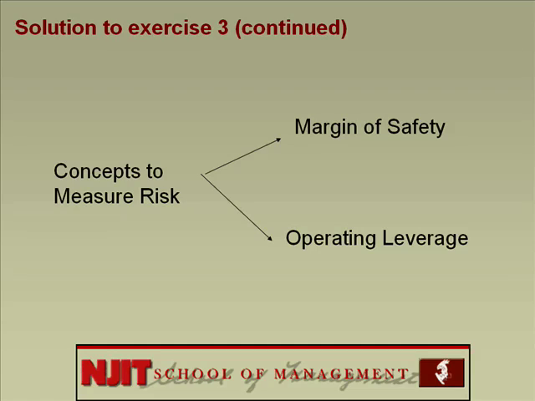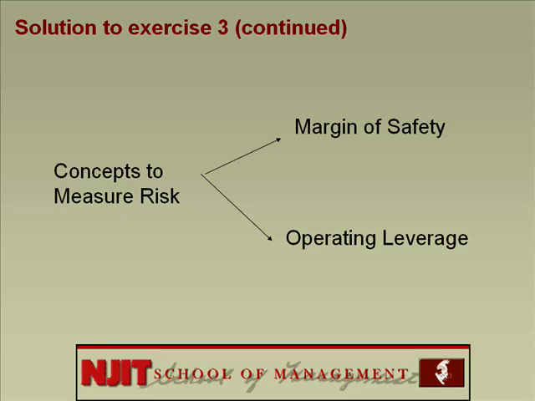There are two concepts which are popularly used to measure risk, to answer the question, how risky is this company? One is margin of safety. The other is operating leverage. They're both used, but to be honest, operating leverage is used more often than margin of safety.